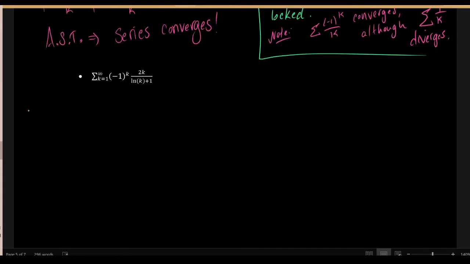Let's have a look at the final series where we have the sum of -1 to the k times 2k over natural log of k plus 1. Now, my instinct here is to say, this series is alternating, so let's see if we can use the alternating series test.